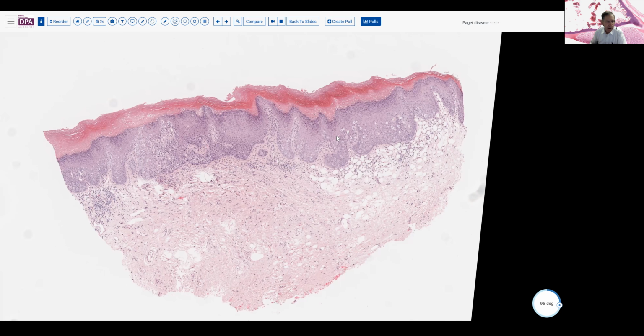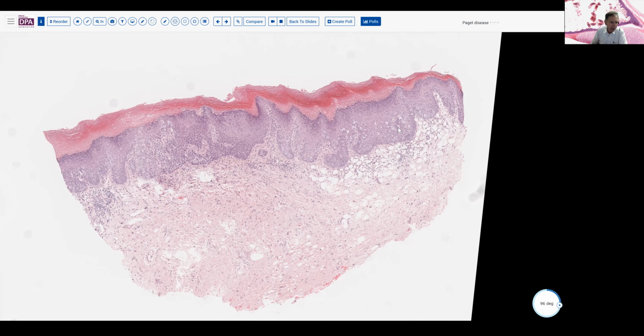And it's sometimes difficult, as we've indicated, to localize where it's going to arise from. We don't usually worry as much about an underlying invasive carcinoma. Occasionally, transitional cell carcinomas will grow out onto the vulva and present as Paget's disease.